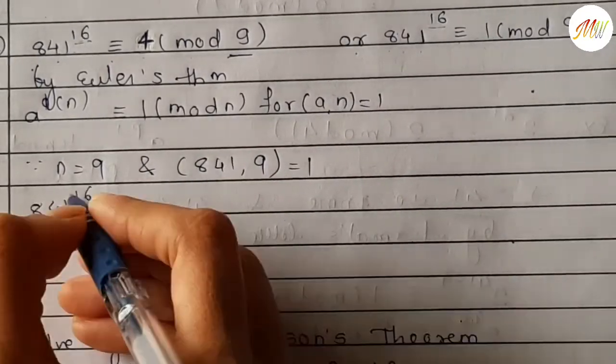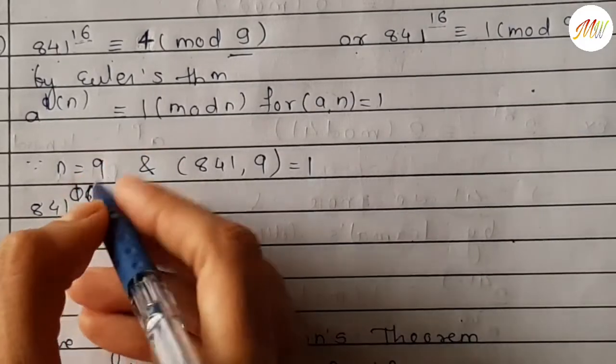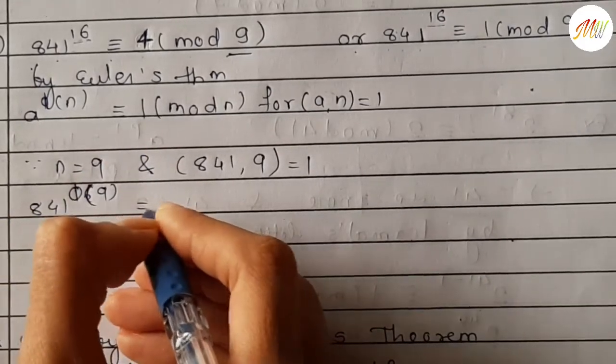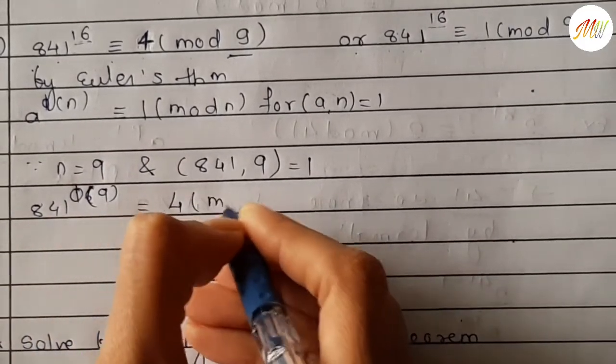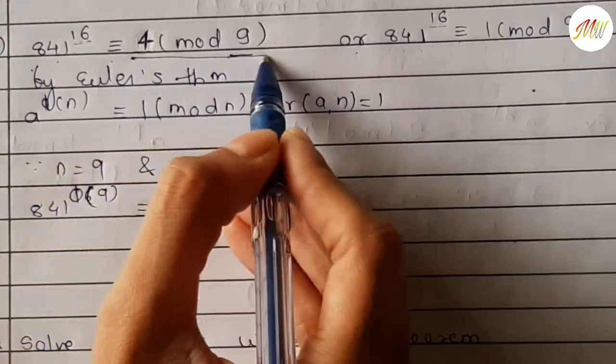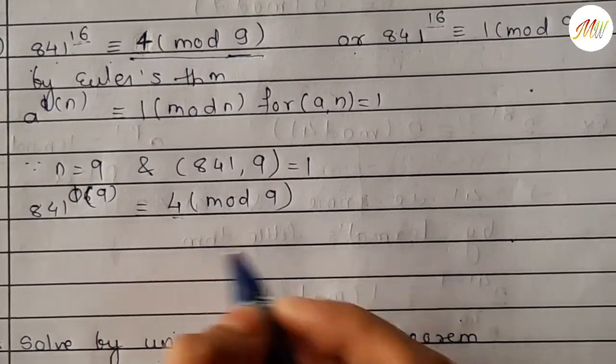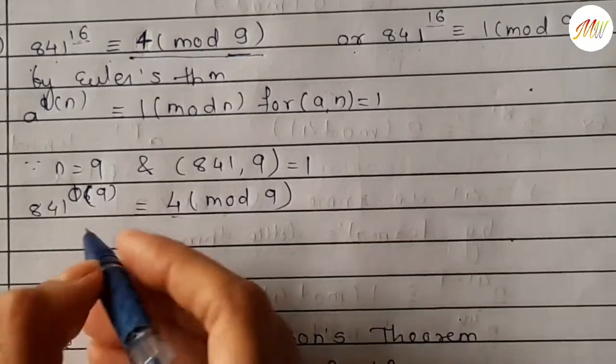Okay, 841 to the power phi of 9 is congruent to 1 mod 9. Okay, here we have given 4 mod 9, so that's what we write here.